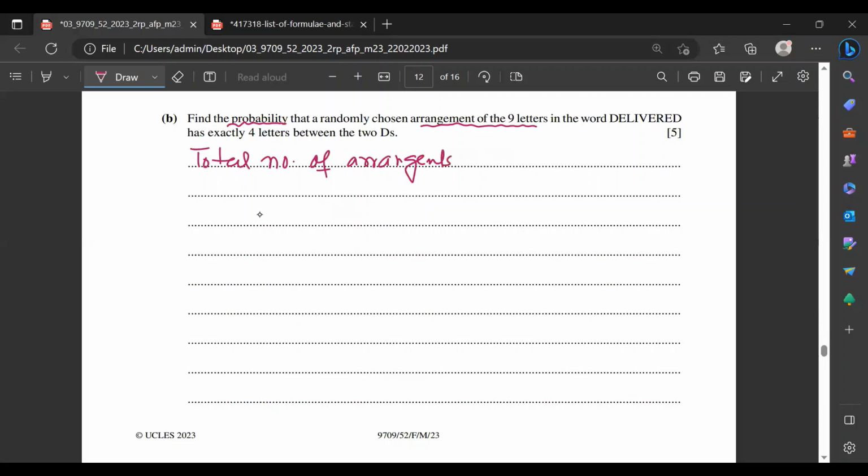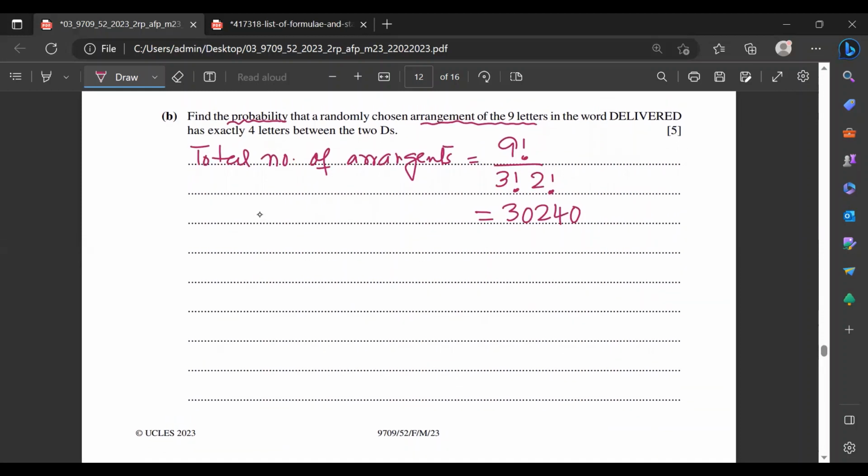Total number of arrangements is 9 factorial divided by 3 factorial for the 3 E's and 2 factorial for the 2 D's. This answer is 30,240.